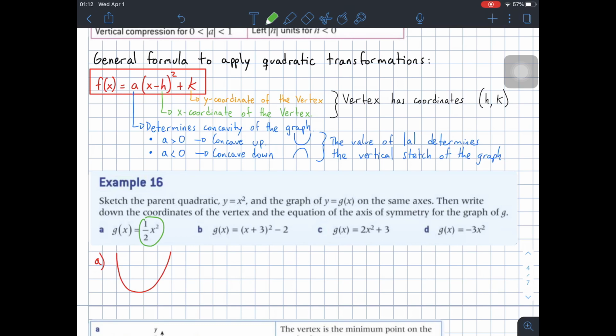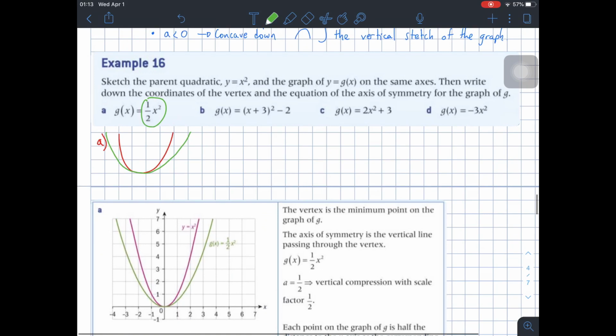So the graph would look something like this. It'll be same vertex, but it'll be a little bit more wide, right? So meaning that the values will be further apart from the y-axis, okay? So you can see this here, you see?